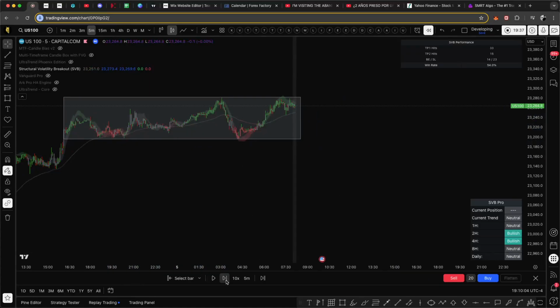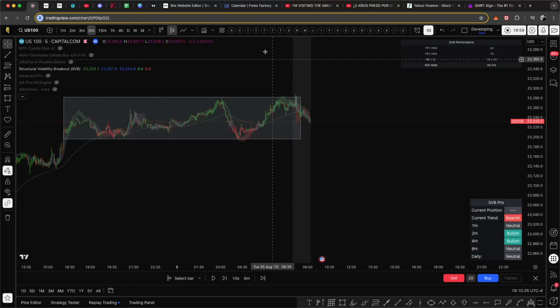New York session is opening. Are we trending up or down? It's very difficult to say, it's just more sideways. Look at the winning rate. This day is actually high, 54 winning rate for the past 50 trades. So that's actually good. Let's see what happens next.